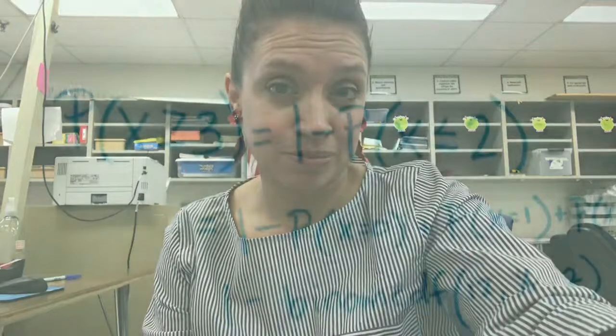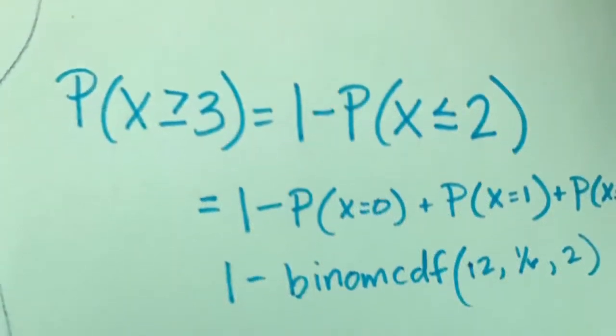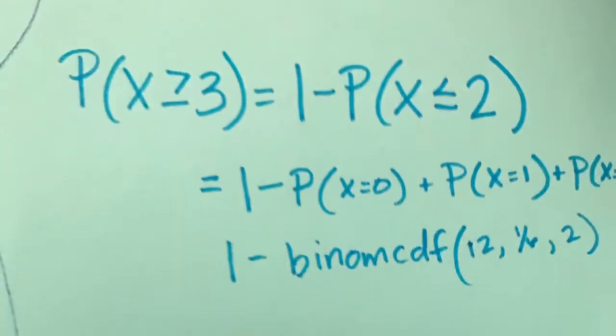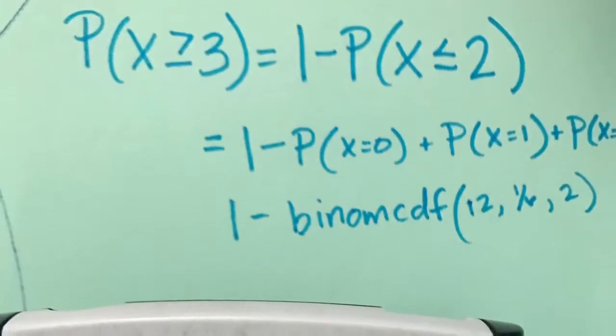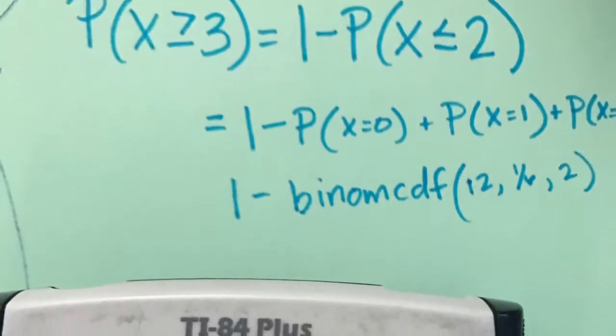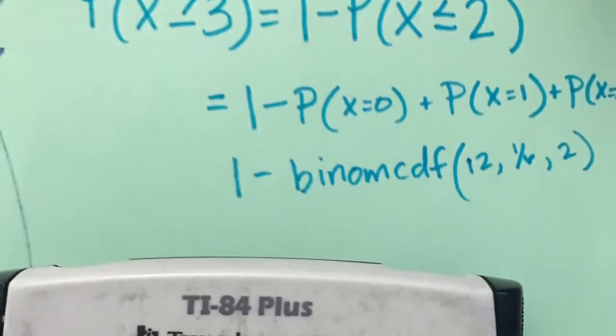So how my calculator will do this is if my inequality statement is a less than or equal to sign. So this means I'm going to have to use the complement. I'm going to have to do the complement of x being greater than or equal to 3, which is going to be that x is actually less than or equal to 2. So when I take the complement and I look at x being less than or equal to 2, what my calculator is actually adding up is the probability that x is 0, the probability that x is 1 success, and the probability that x is 2 successes.